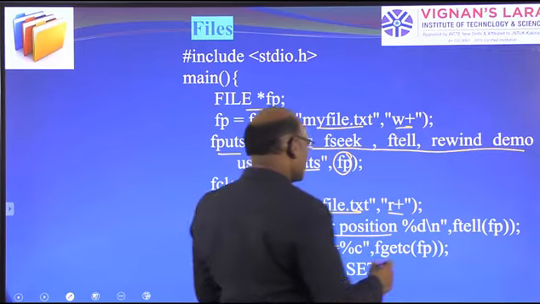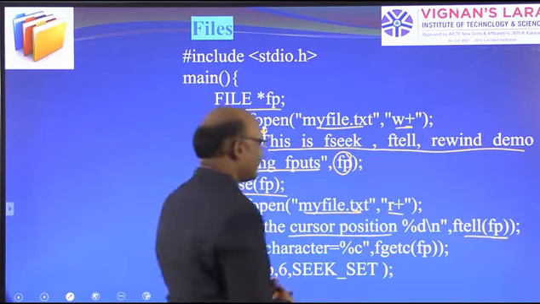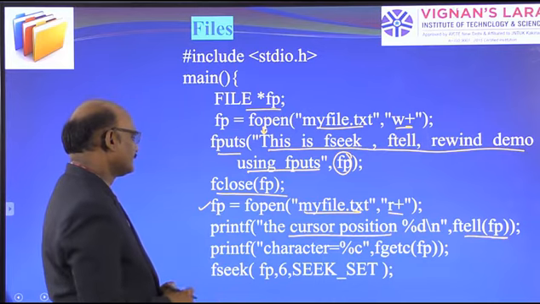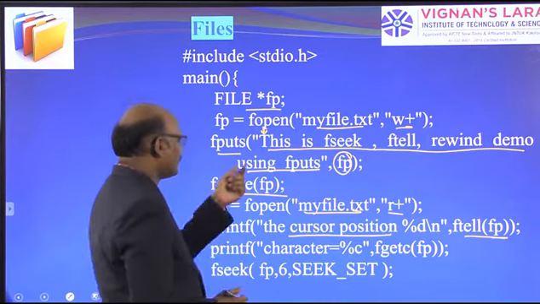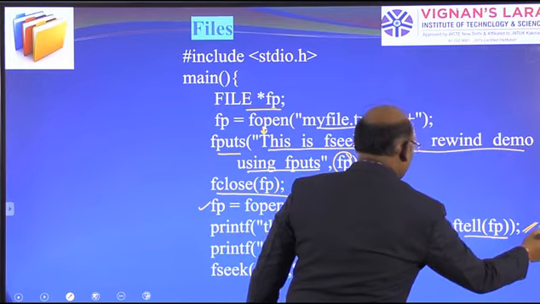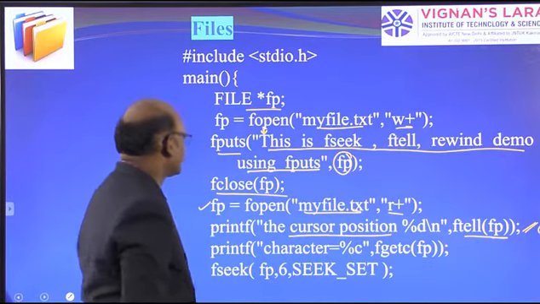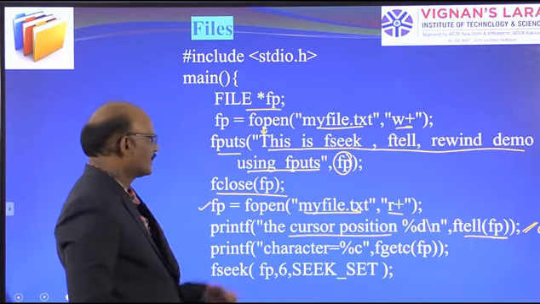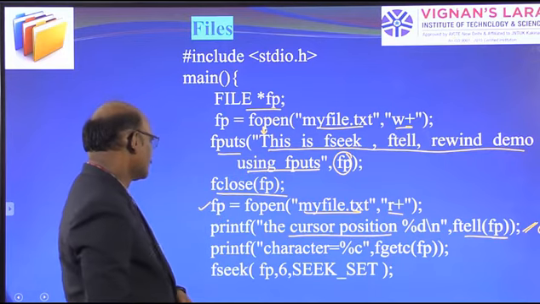Now for the cursor position, ftell of fp returns 0. So the cursor position is presently at 0. Right?